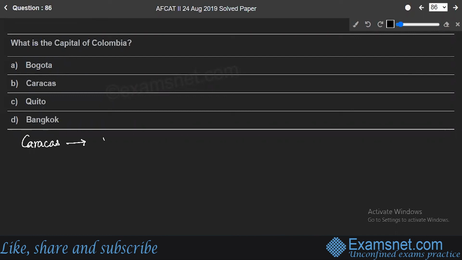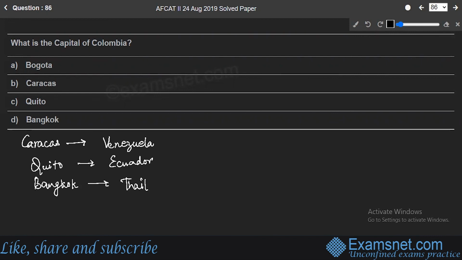It is the capital of Venezuela. Then Quito is the capital of Ecuador, and Bangkok is the capital of Thailand. Bogota is the capital of Colombia. So we got the capital of Colombia, Bogota. This is our answer.